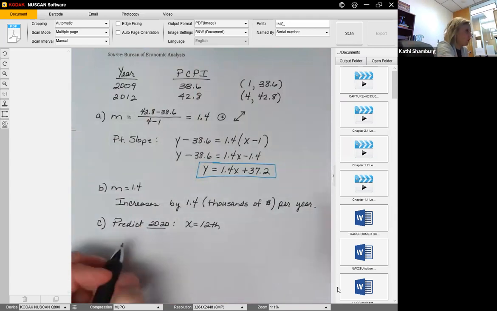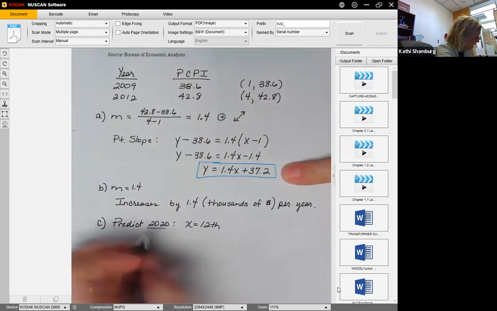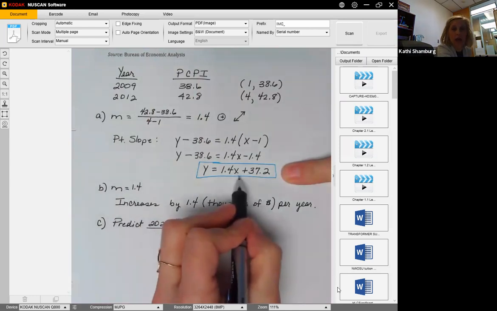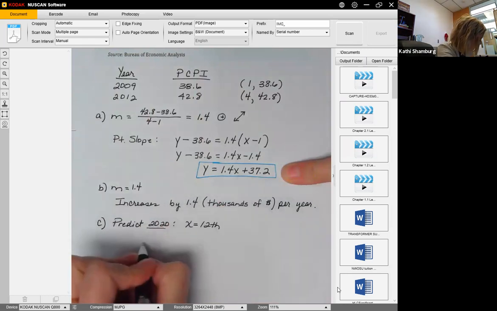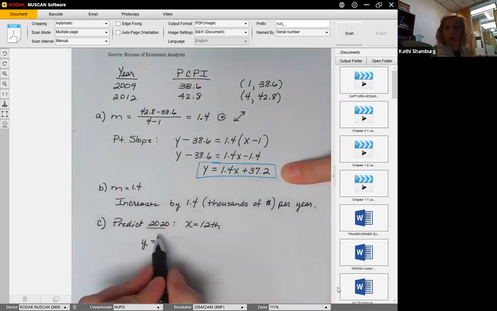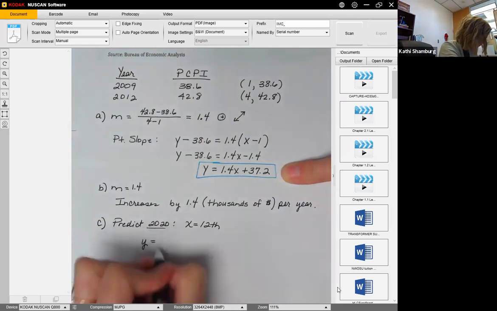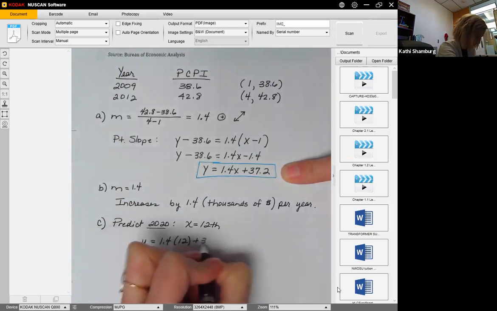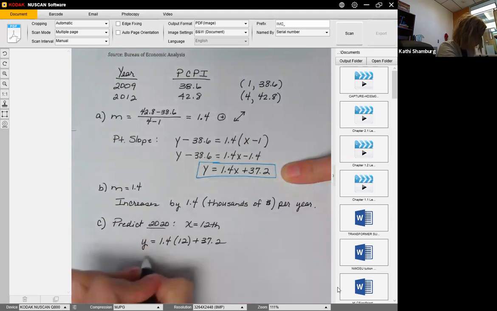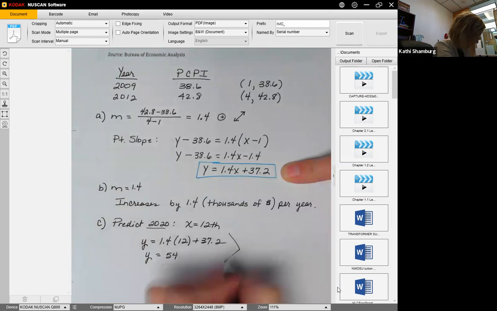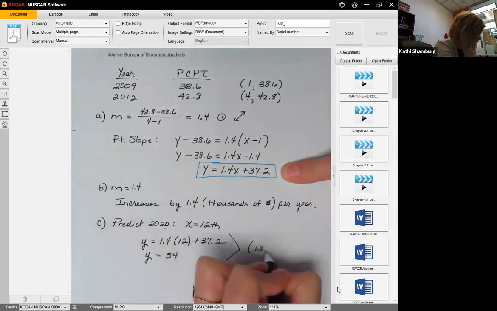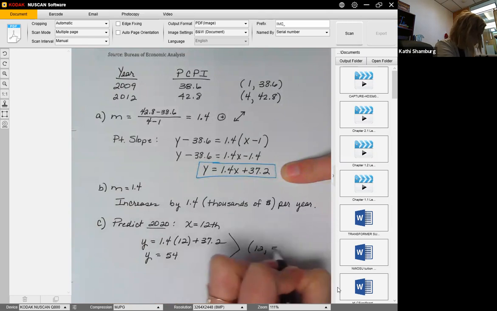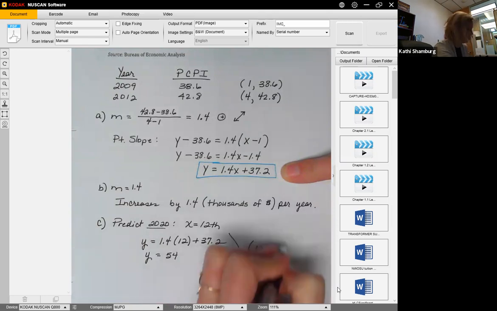So we're going to take our equation, and in place of x, we are going to predict what happens in the year 2020. I bet it's not predicting that a pandemic happened in 2020. So when you calculate this, you get 54. So this gives me the ordered pair: the 12th year, your PCPI would be 54.